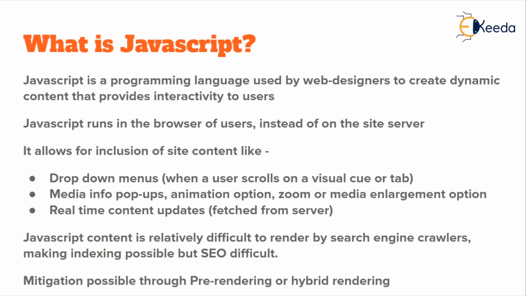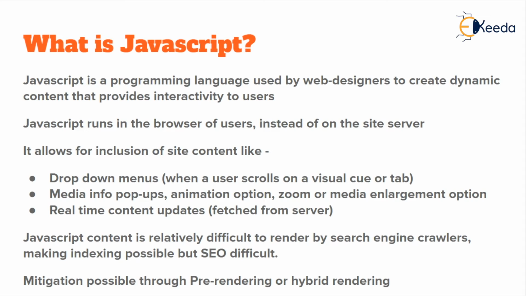There are ways to mitigate this problem, of course, wherein you can have pre-rendered pages which you can provide to crawlers or bots which behave as crawlers to improve your site ranking in a search engine result page.